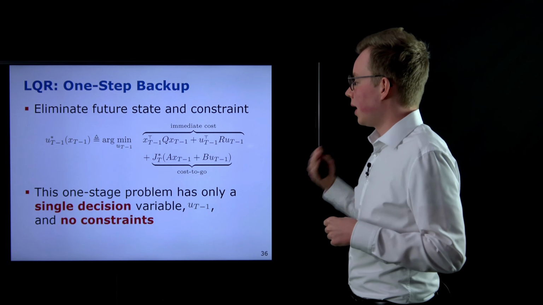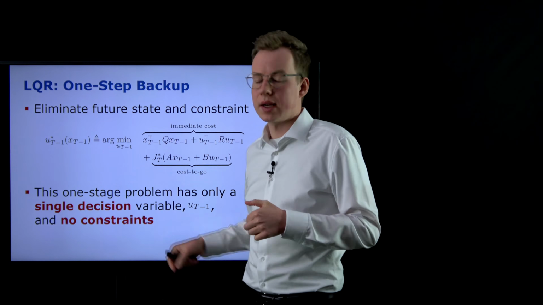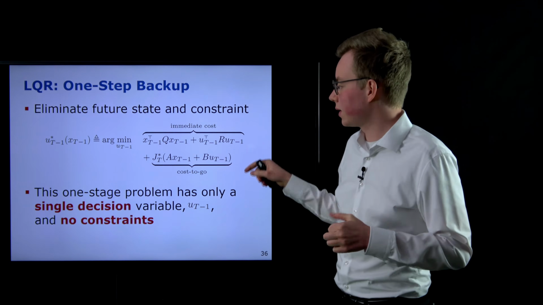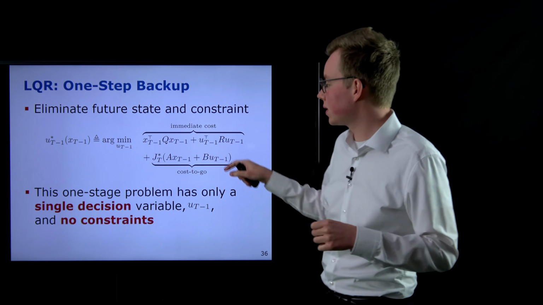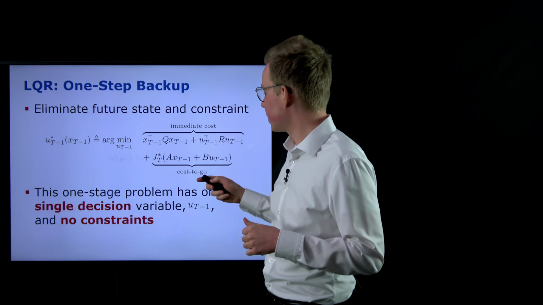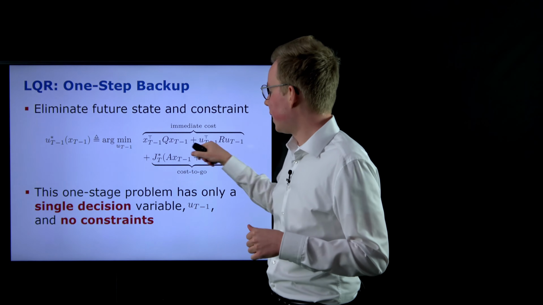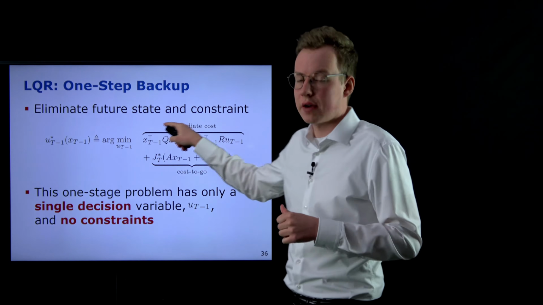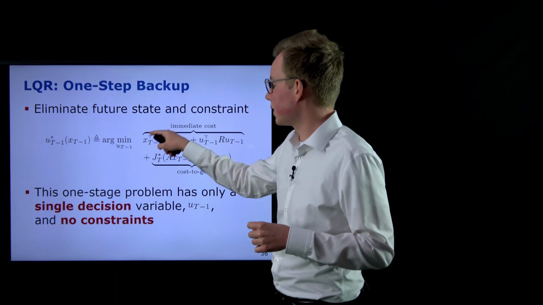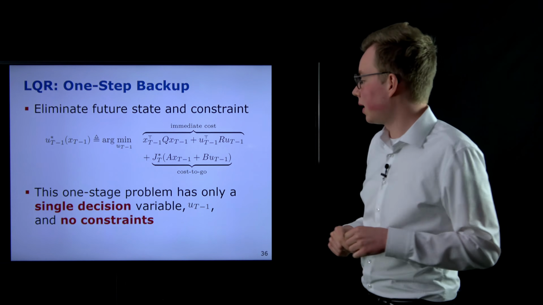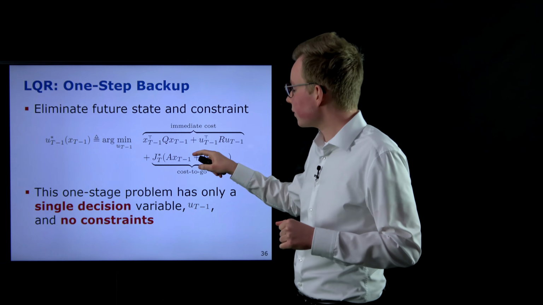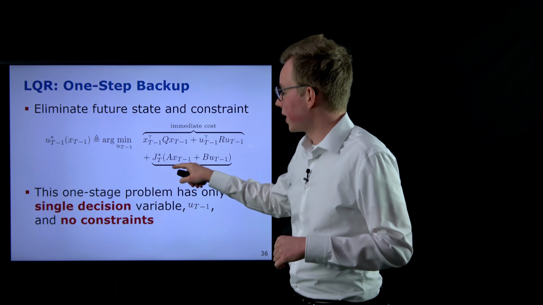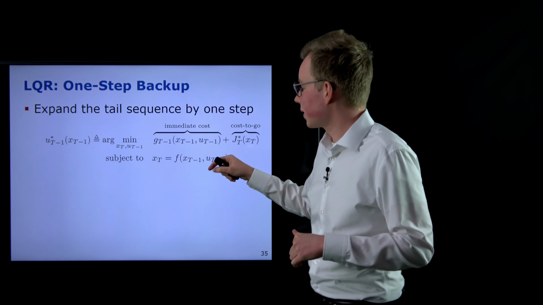For our particular problem, we can plug in the things that we've already computed. The immediate cost here, this G, is exactly our stage cost as we have defined it for LQR. So this is just this quadratic expression in states and controls. And then we can also get rid of the dynamics constraints.